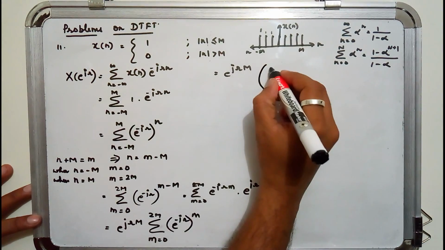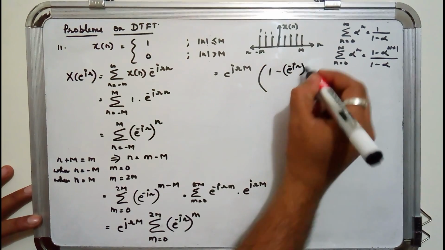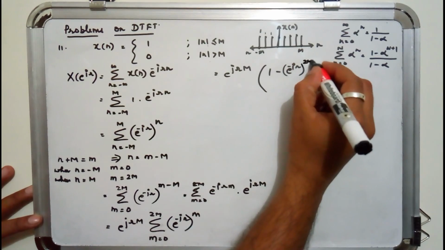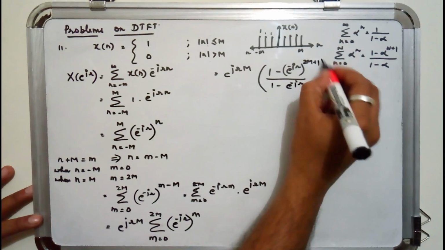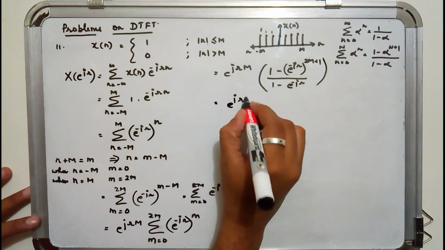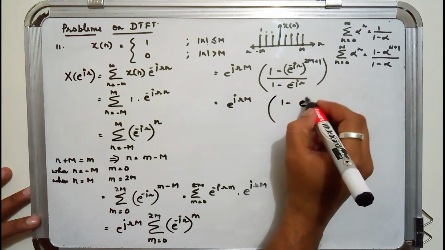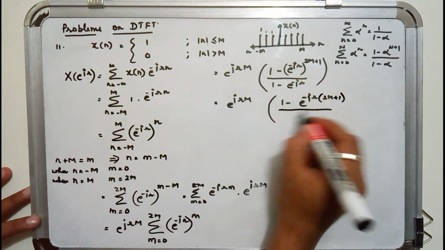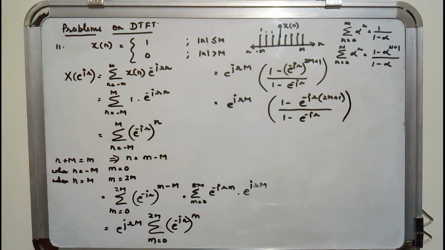So it will be 1 minus, what is alpha? e power minus j omega, power 2M plus 1, divided by 1 minus alpha. Alpha is e power minus j omega. So this I can write as e power j omega M into 1 minus e power minus j omega into 2M plus 1, divided by 1 minus e power minus j omega. This is what I get.